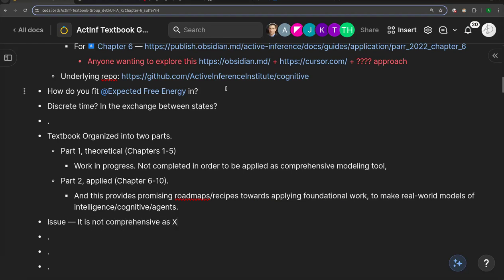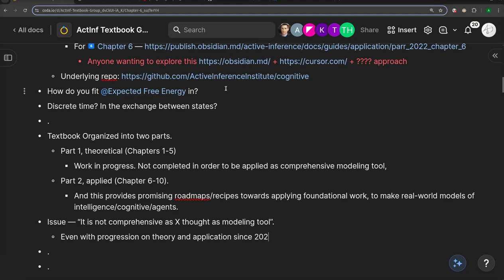Since the publication of this book, obviously active inference research has progressed a lot, but even the theoretical foundations provided in the first part of the book, I believe, provide enough material to at least build some toy models that can capture some of the real world elements of real world agents or at least cognitive agents.